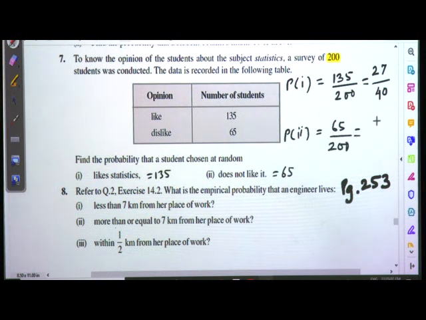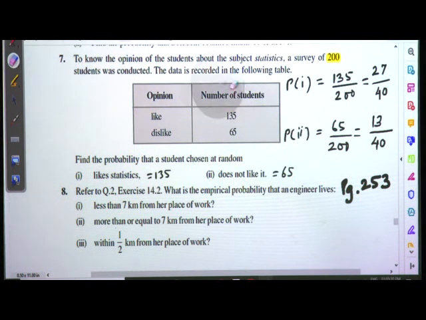Again we can cancel it. 5 13s are 65, 5 1s are 5, 1 remaining, 5 3s are 15, again 5 4s are 20 and a 0. So, these are the probabilities of the events that have been asked to us.